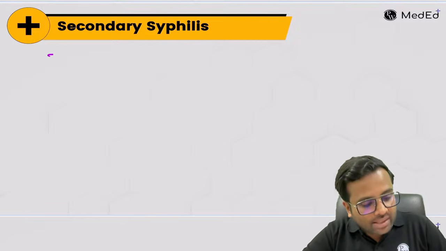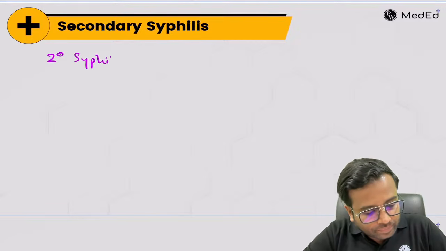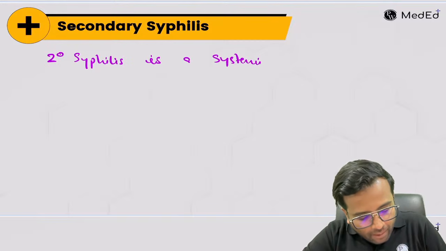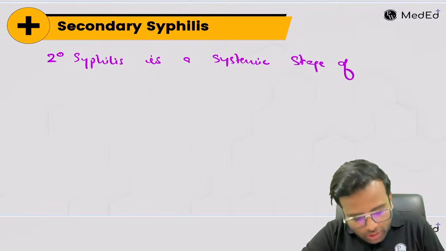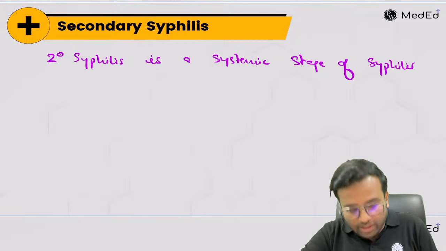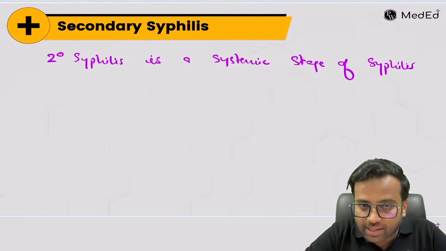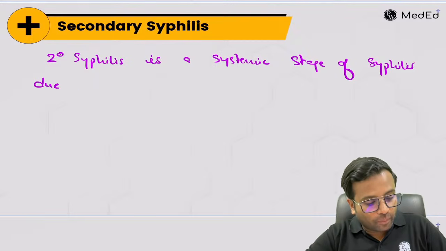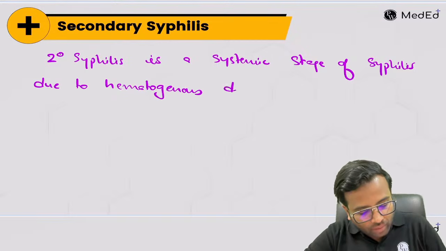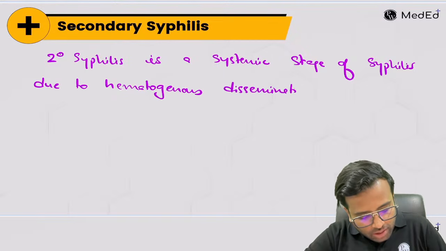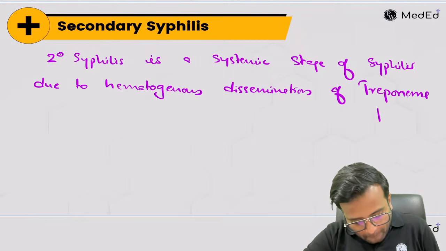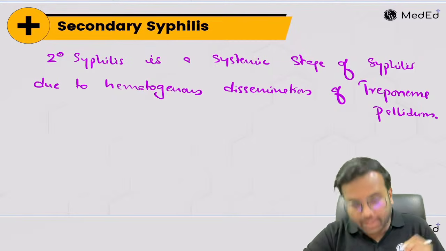Secondary syphilis is a systemic stage of syphilis due to hematogenous dissemination of Treponema pallidum.